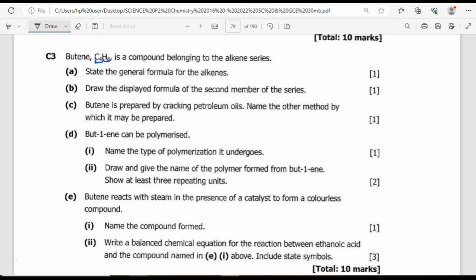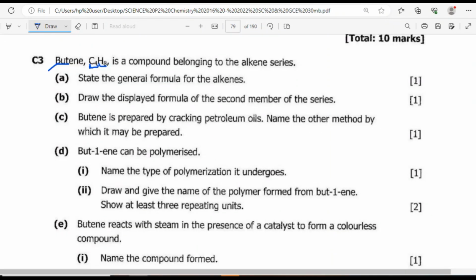If we divide this name, the first part, but, is just the prefix, and this tells us that there are 4 carbon atoms. Then ene indicates the suffix, which is the family it comes from, which is an alkene.